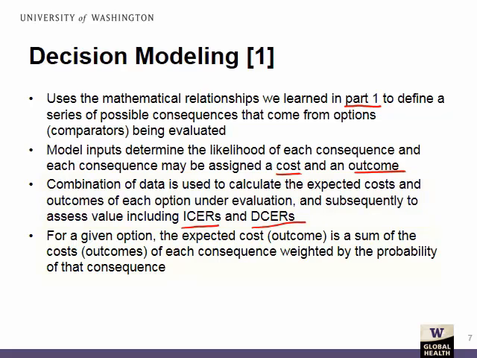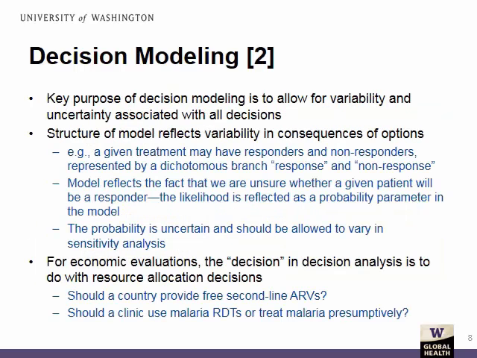And for a given option, the expected cost or outcome is the sum of the costs or outcomes of each consequence weighted by the probability of that consequence, which is exactly what we did in the last part with the example on Ebola. So the key purpose of decision modeling is to allow for variability and uncertainty associated with decisions. And the structure of the model reflects this variability.